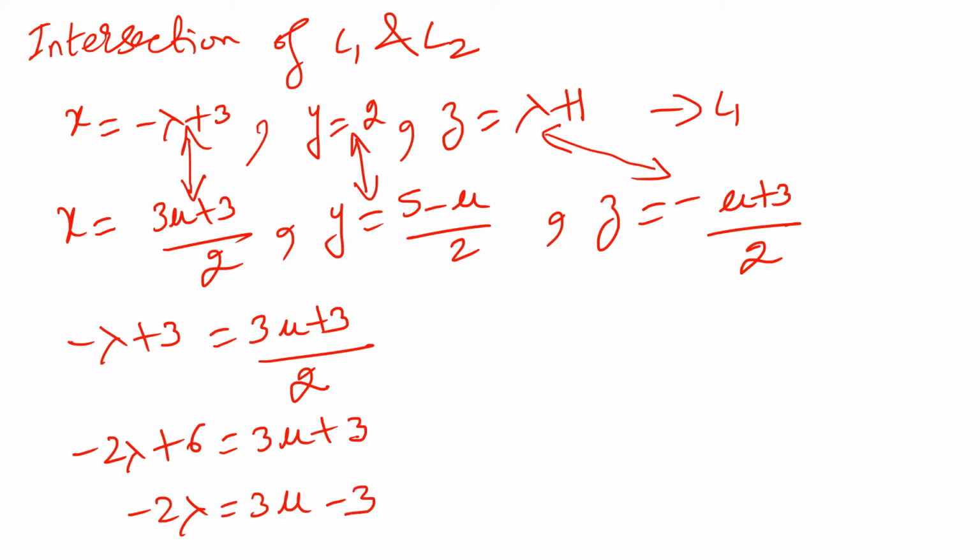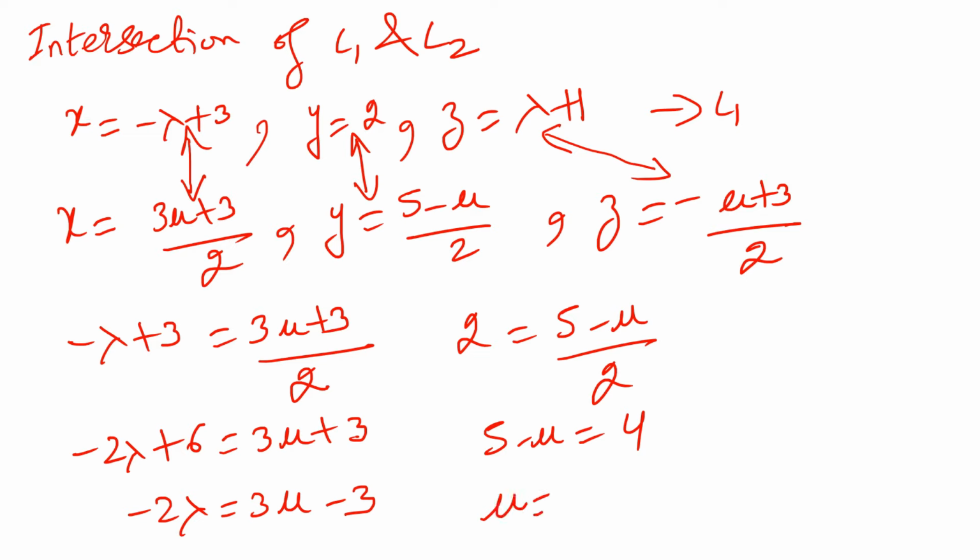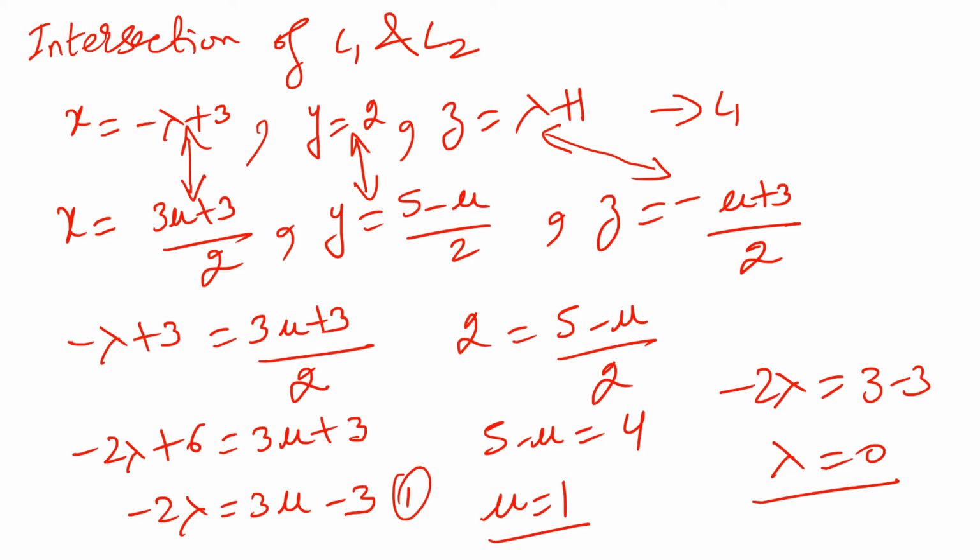Now when we equate the values of y in these two parametric equations, we'll be getting 2 equal to (5 minus mu)/2, or 5 minus mu is equal to 4, or mu is equal to just 1. Fine. Now we have to put this value of mu equal to 1 in the first equation. So from here we'll be getting minus 2 lambda is equal to 3 minus 3. So that means lambda is nothing but 0. Right students? Now we have got the values of lambda and mu.